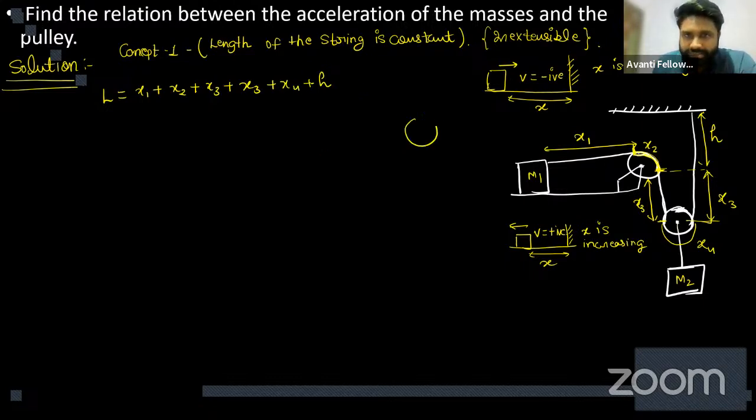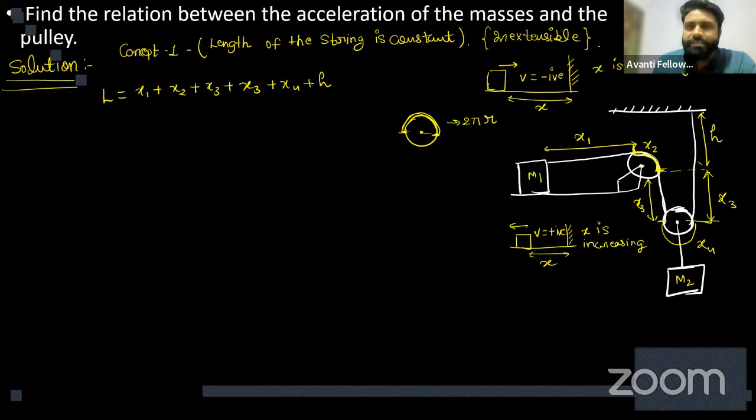So I'm telling you here, this is the pulley, and in the first case we have this pulley, this string from here to here. The entire length of this pulley, the circumference of this circle, will be 2 pi r.